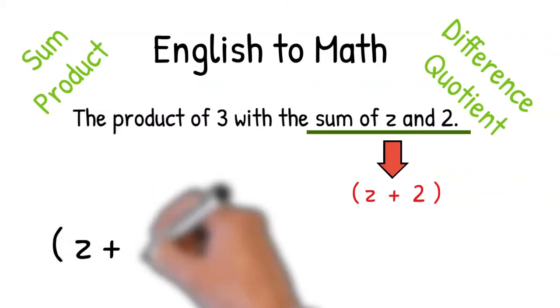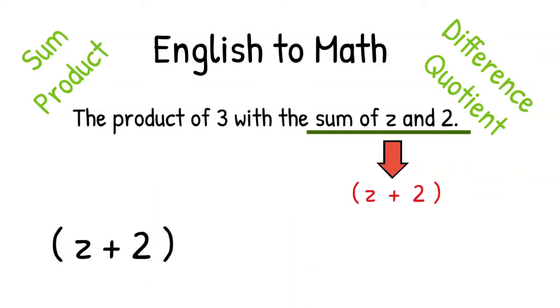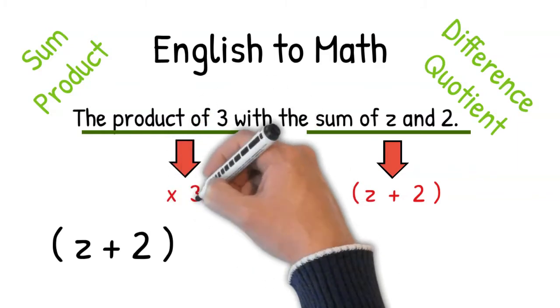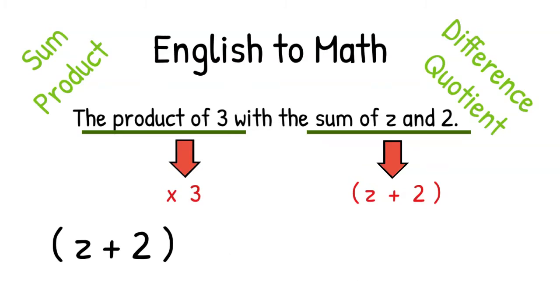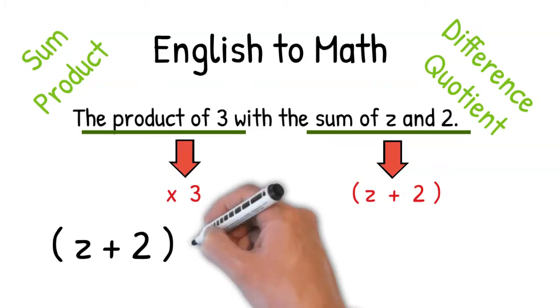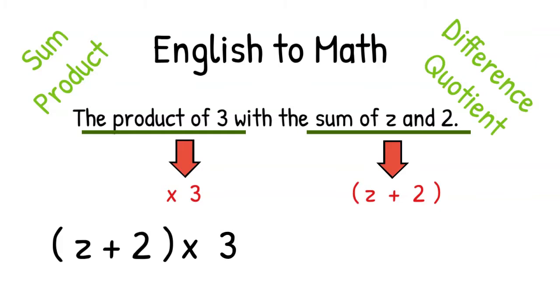Like in this case, I put the sum in parentheses because as I continue towards the start of the sentence, I can see we are working with the product of 3 with this sum. Product means we are going to multiply. Multiply what? 3, and the sum we just found. We end up with z plus 2 in parentheses times 3.